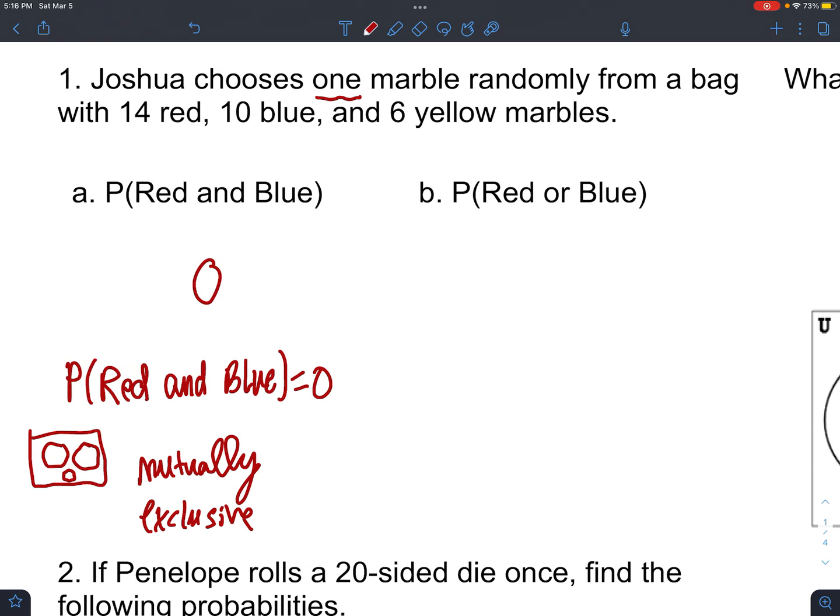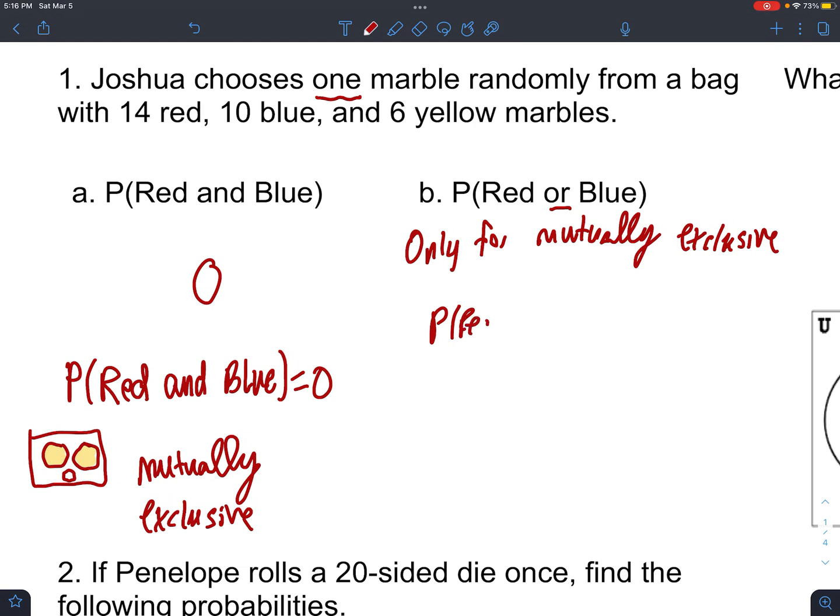They don't touch. Okay? So when that's the case, if you want to find the probability of red or blue, all you need to do is just add up the probability you're in here and the probability that you're in here. Only for mutually exclusive can we use that formula. "Or" does not mean like plus.